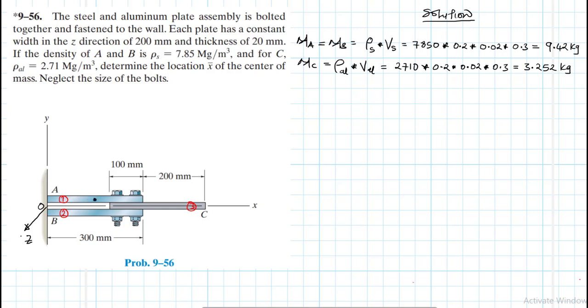Part 1 and part 2 have the same centroid, they coincide, which is at x tilde 1 equal to x tilde 2, equal to 150 millimeters.